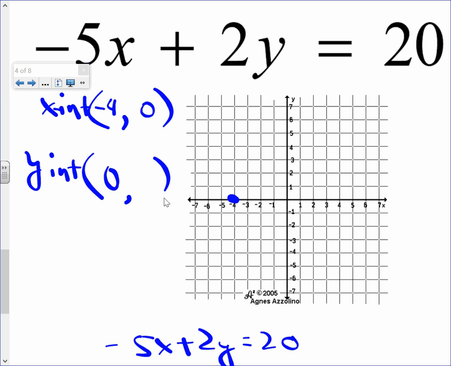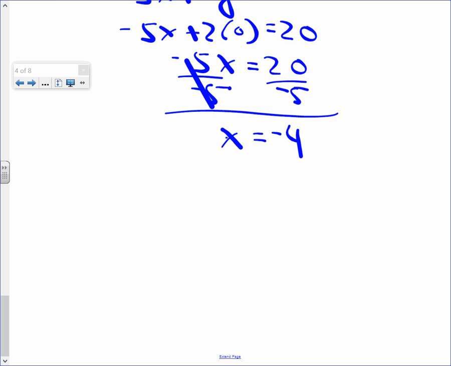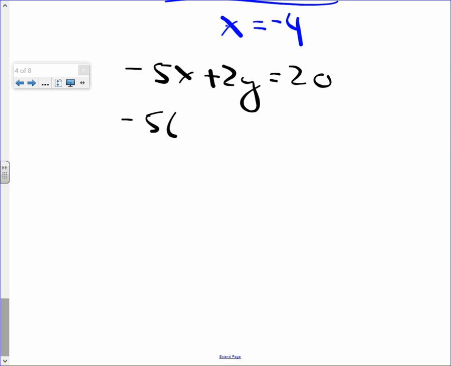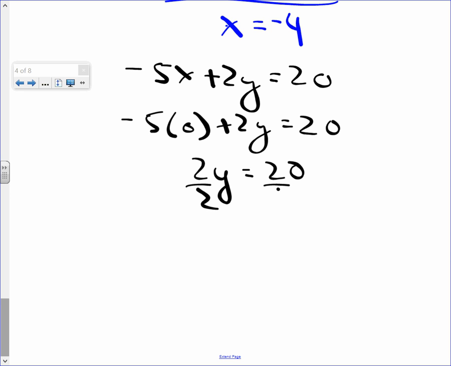Now I'm going to find the y-intercept. I'm going to replace x with 0 now. Negative 5x plus 2y is 20. Therefore, negative 5 times 0 plus 2y is 20. Therefore, 2y is 20. Therefore, y is 10.